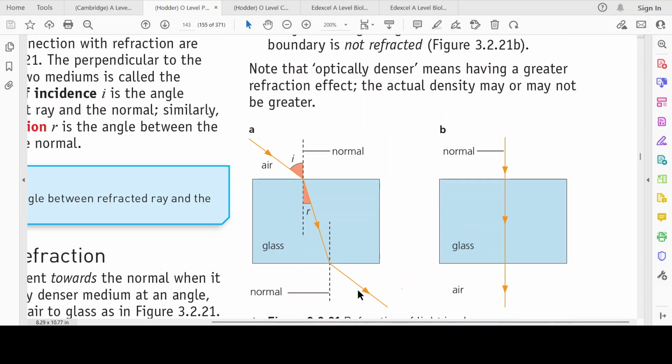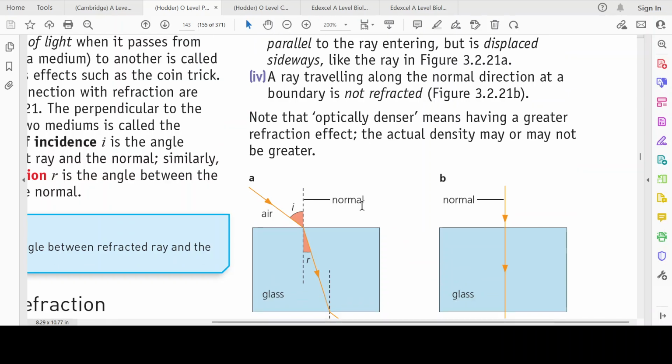Parallel means that they are moving in the same direction, at the same angle. If you take a look at this, and the ray that was coming in initially, these are both parallel, moving in the same direction. They have the same angle, but it is displaced sideways.